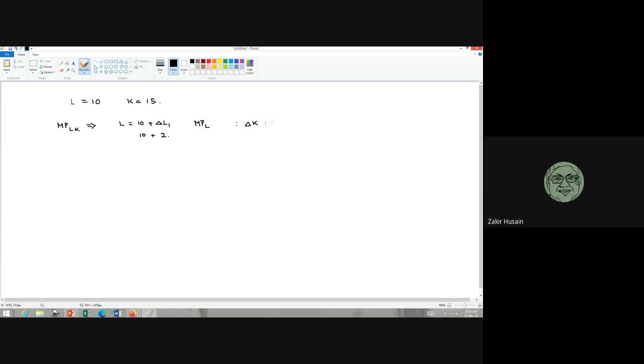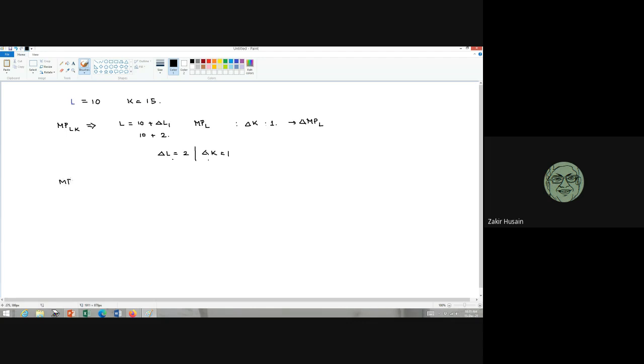Let us say capital is changed by 1 unit. So I find out how MPL changes. So how much have I changed L? I have changed L by 2 and K by 1. This is in the first stage, this is in the second stage.